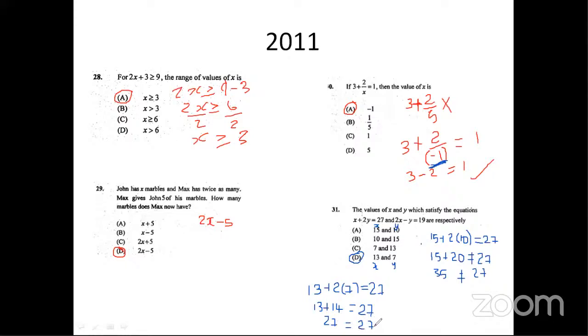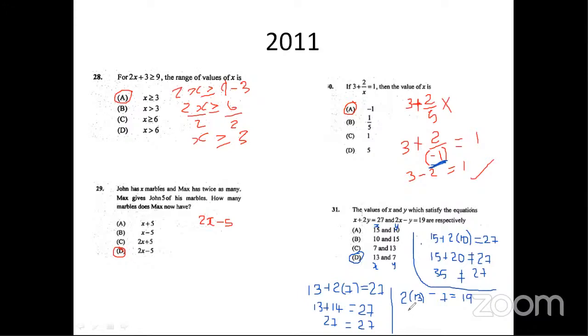We can go ahead and test the next one. The next one is 2 multiplied by x, and we see our x is 13. Now it's minus y, which is 7, and that should give us 19 when we finish working out. The gist of this is that you are using the same value for x and y in both equations, and it must make both equations true.